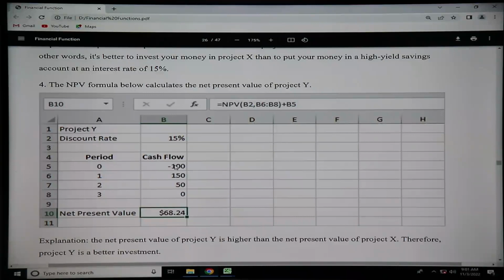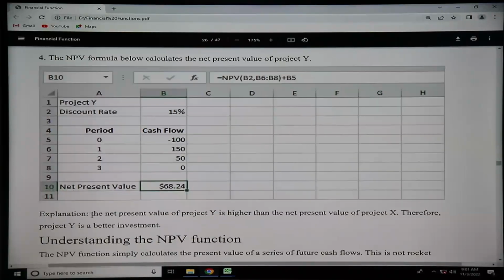The initial investment still remains negative, but the first period was 150. The second period was 50, and the third period was 0. The explanation of this is that the net present value of project Y is higher than the net present value of project X. Therefore, project Y is better to invest.